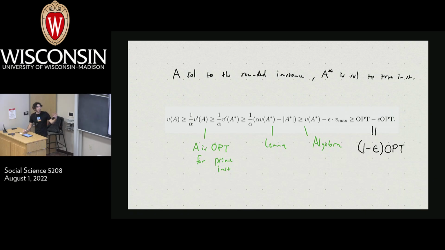So instead of getting half of the possible reward, we can get 1 minus epsilon for any epsilon. In particular, if you put in 0 for epsilon, you're getting the exact solution. But in general, you're going to have a bigger epsilon so that your runtime is smaller. And this is called a fully polynomial time approximation scheme. This is basically the best we can do in approximation algorithms.